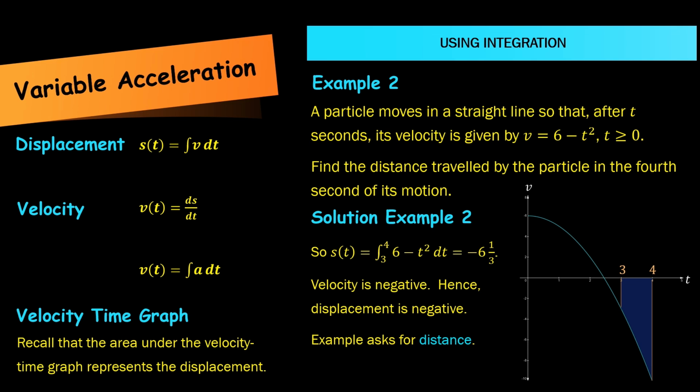The example asks for the distance travelled. So when we answer the question, we need to give a positive value. And therefore, the distance travelled is equal to 6 1/3 meters.